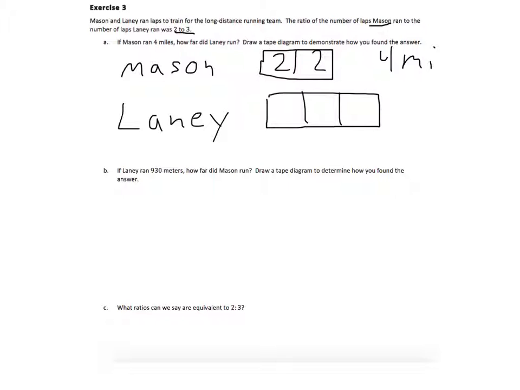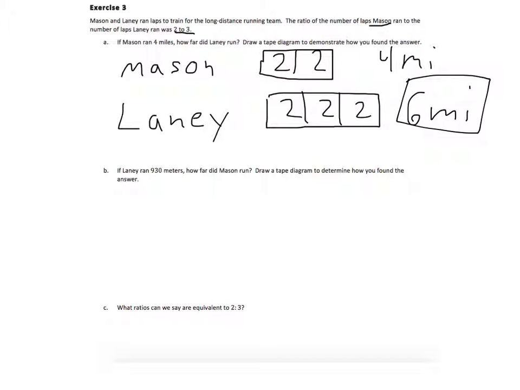Well, if I put 2 in the boxes for Mason, to make it an equivalent or equal ratio, we need to put 2's in the boxes for Laney. So I put 2, 2, and 2. So Laney then has 6 miles. So Laney must have run 6 miles.